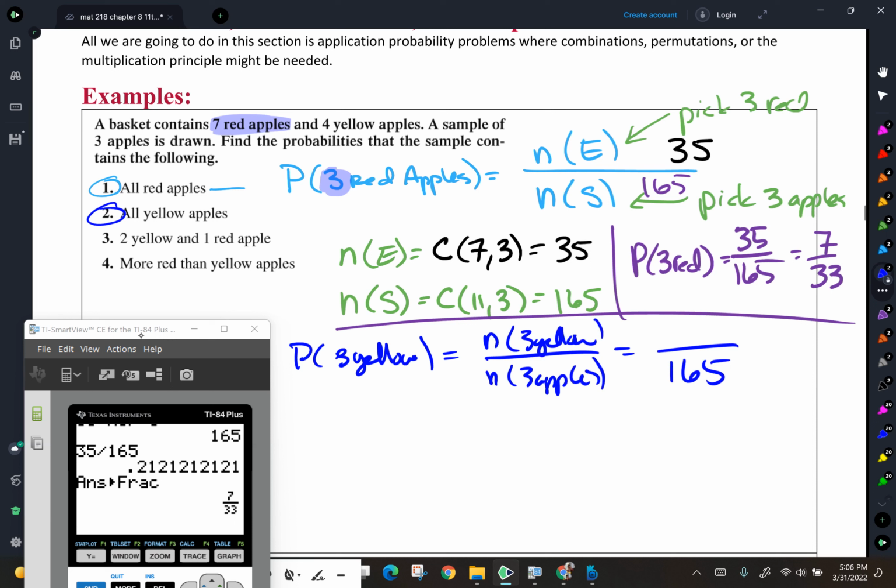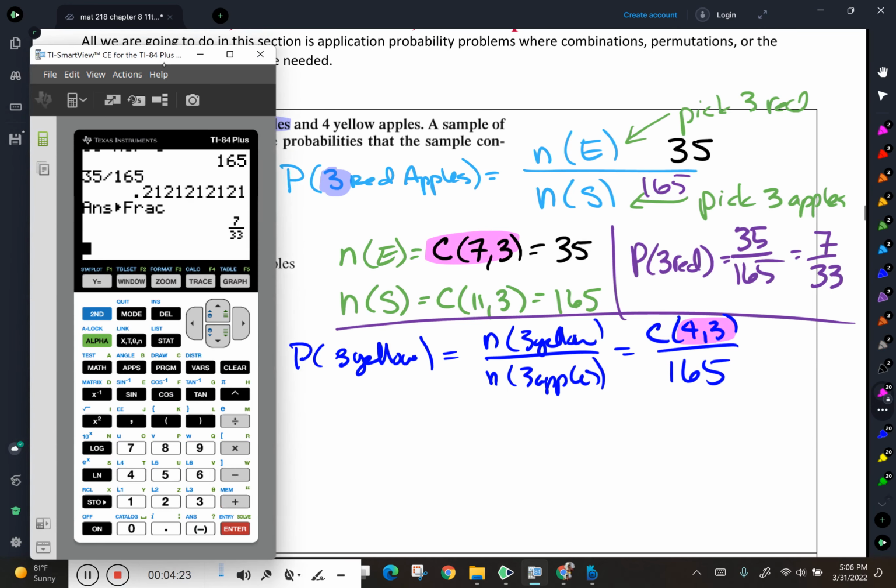My numerator needs to be 4 choose 3, using the same logic I used up here for 7 choose 3. I'm just doing 4 choose 3 because there are only 4 yellow apples to choose from. I happen to know that that's 4. So that's going to be 4 out of 165. So 4 divided by 165, enter, math, turn that into a fraction. Nope, it doesn't reduce, 4 out of 165.